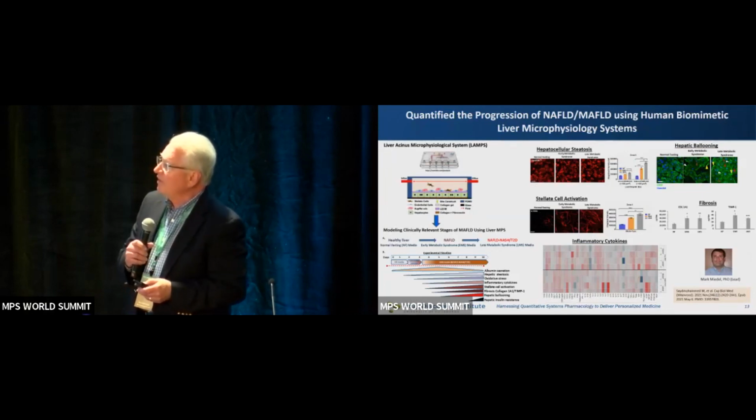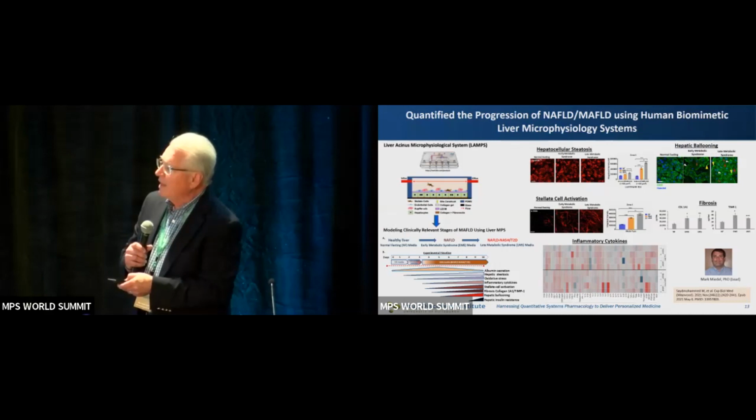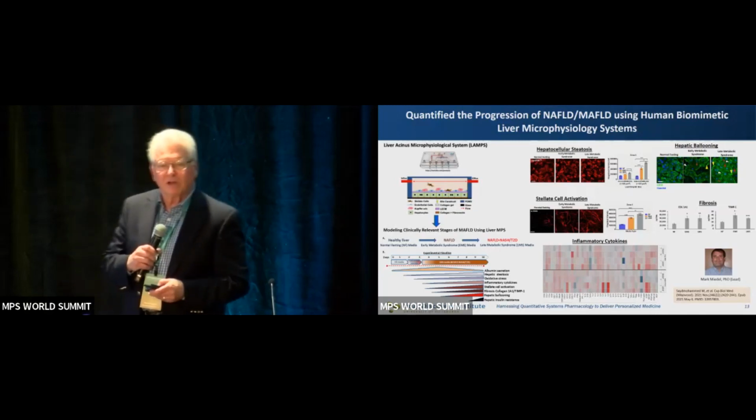So we've quantified the progression of NAFLD using these models. This particular data is based on the LAMPS model. Summer, for those of you who were here earlier, described the media where we can progress from the normal liver with kind of physiologically relevant glucose.